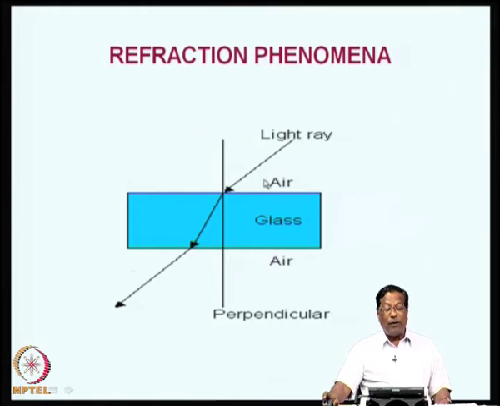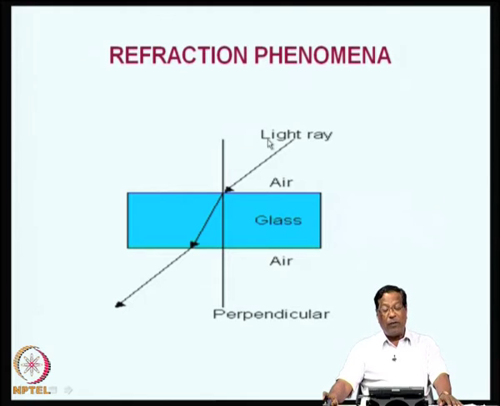So, you can see that there are two interfaces. One is the area where it is air or vacuum, another area is glass or quartz or water or any other medium through which light passes, and from that medium again it enters into another medium. Usually we do not come across vacuum in our day to day life where light passes through it, so in general it is taken as air.